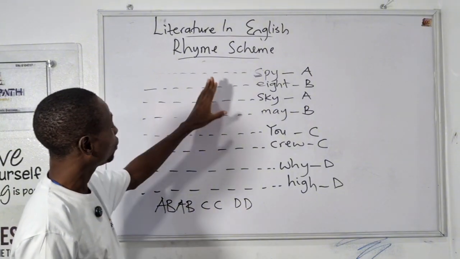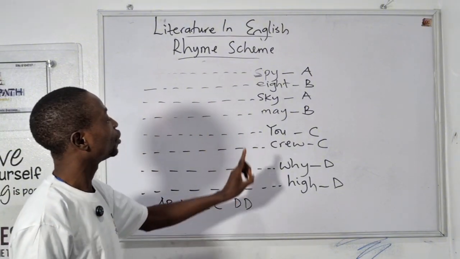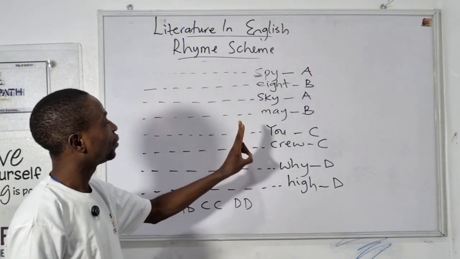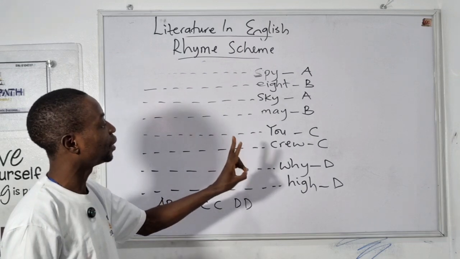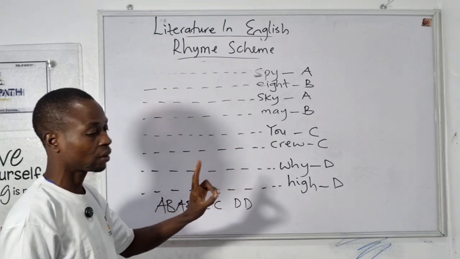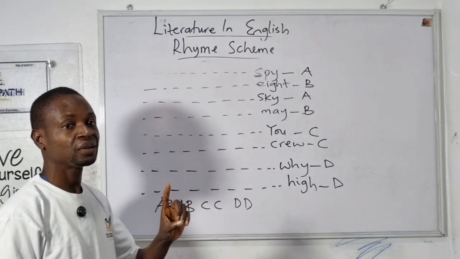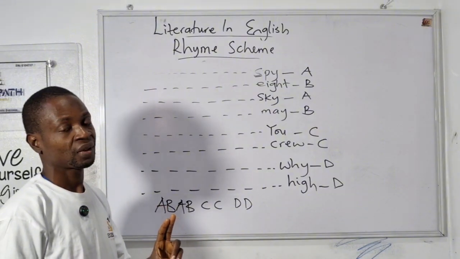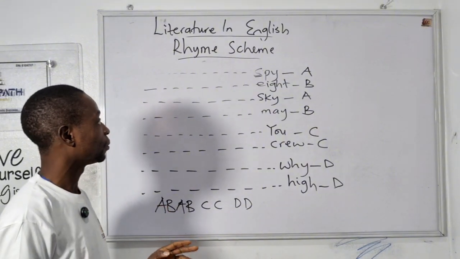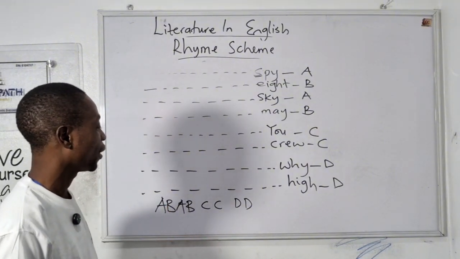If the poem continues, you continue to do the same to the end of the line, looking for the vowel sound, those that rhyme, and the new ones. Once you come across a new vowel sound, give it a new letter. That's how to identify rhymes in a poem.